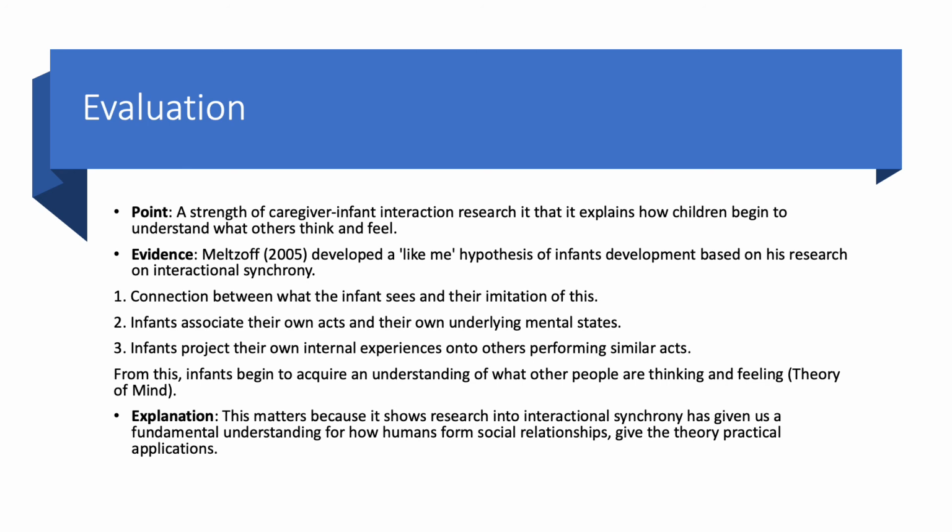This matters because it shows research into interactional synchrony has given us fundamental understanding for how humans form social relationships, and it gives the theory, again, practical applications. We can use this to encourage parents to encourage their infants to imitate them, because it has a lot of social benefits later on.